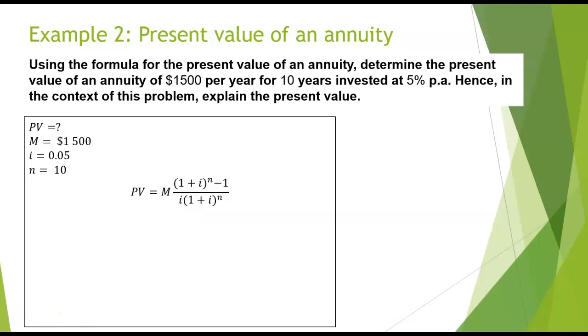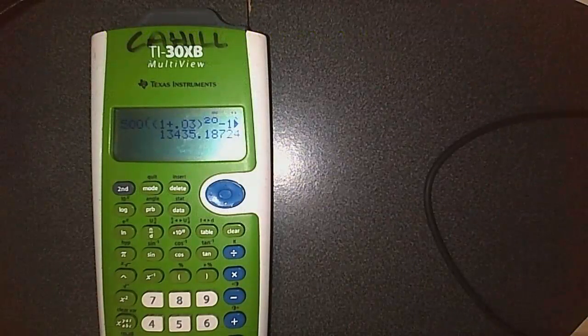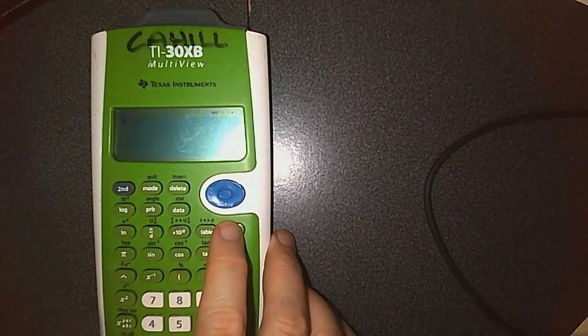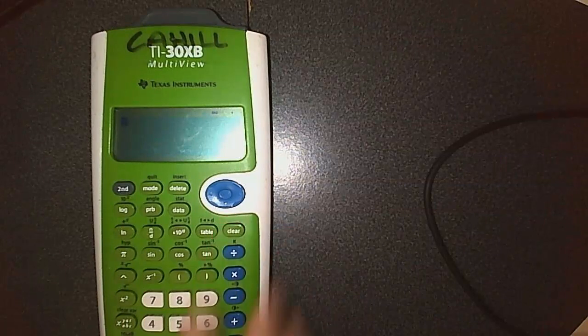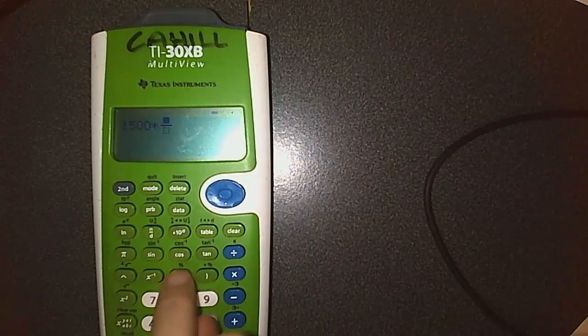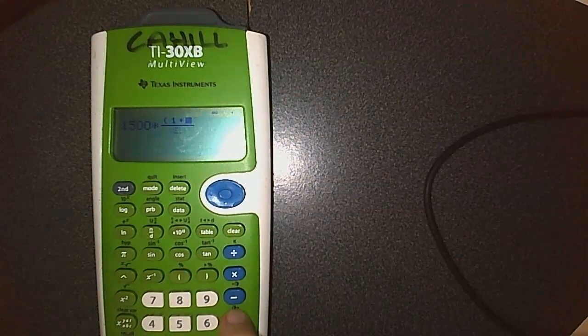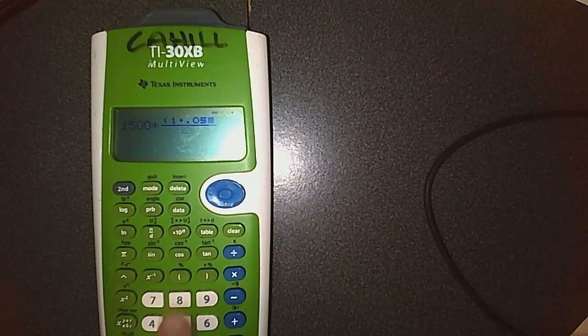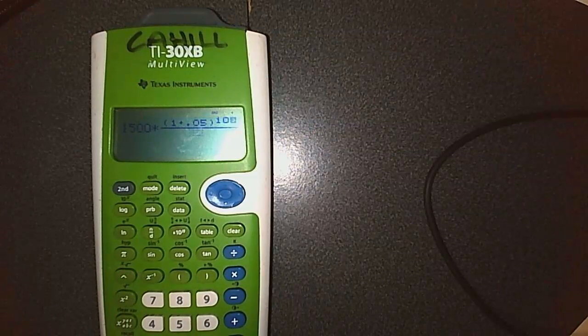Okay, so we're going to substitute in. And once again, I don't know about you, but I need my trusty calculator to work out the answer. So I'm going to bring that up here. I'm going to clear everything. So $1,500 times, and I'm going to put a bracket in, 1 plus 0.05 to the 10.